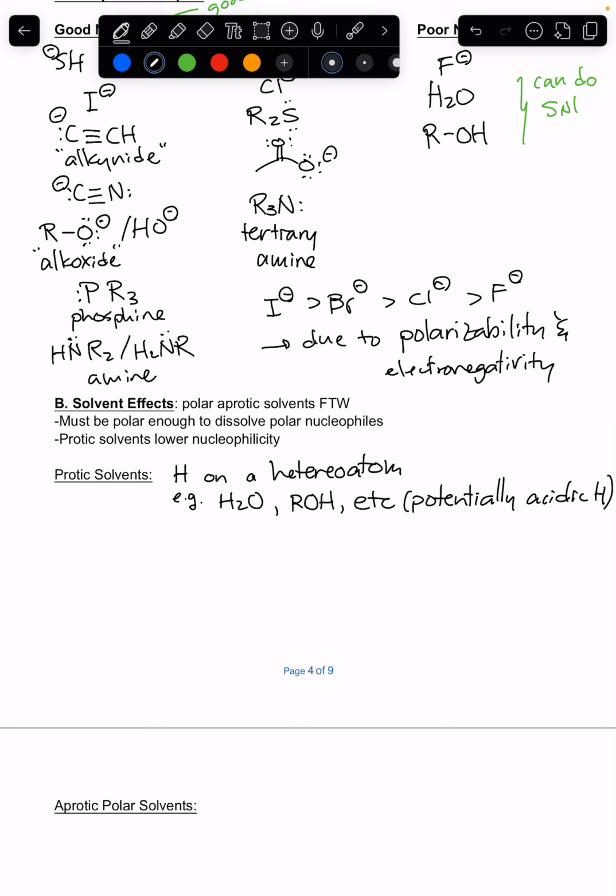So why is that? Let's say here's a nucleophile, bromide. It's kind of a decent but not a great nucleophile. If you dissolve that in a protic solvent, one nice thing about protic solvents is that they're polar usually, so you could dissolve the nucleophile. So in that sense, they're good. But here's what happens at the atomic level if you dissolve a nucleophile in a protic solvent.